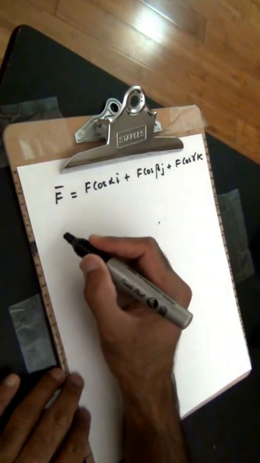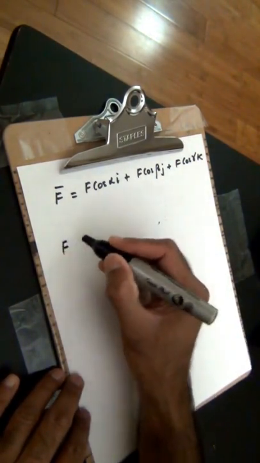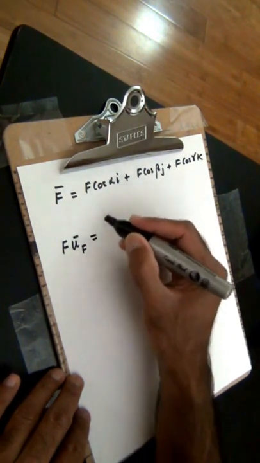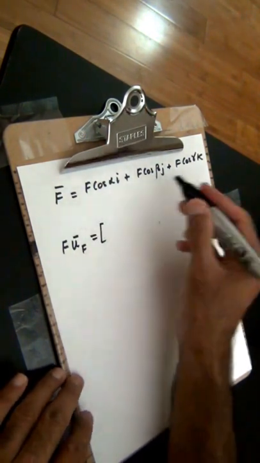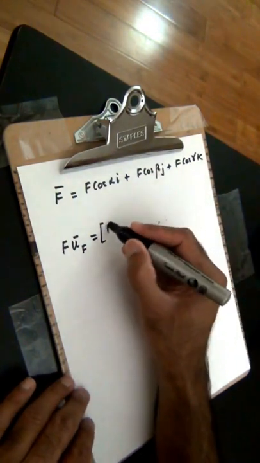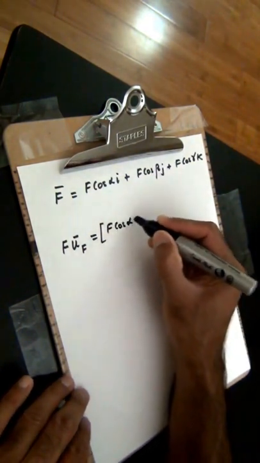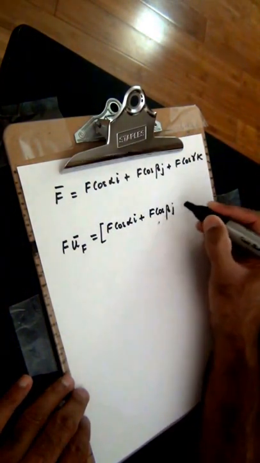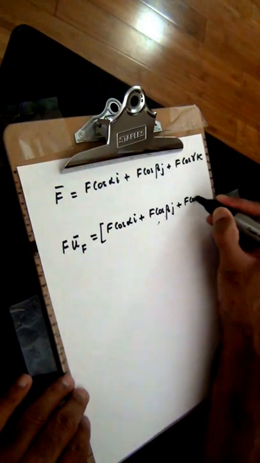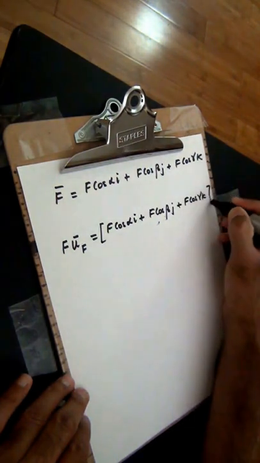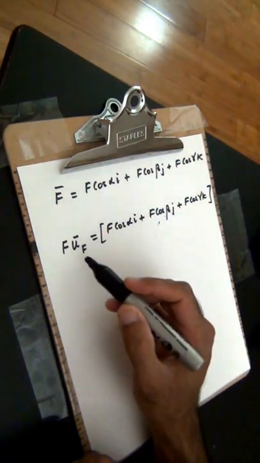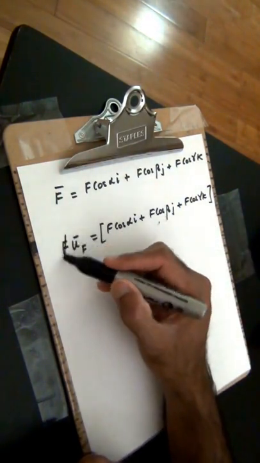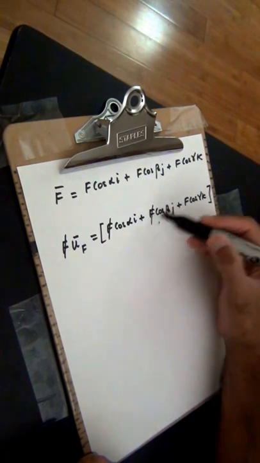So this is going to be magnitude times the unit vector uF, which is now going to be the vector sum of these components here. So that's going to be F cos alpha i, F cos beta j, F cos gamma k. And we immediately see that this force F is a common factor here, which means that we can get rid of it.